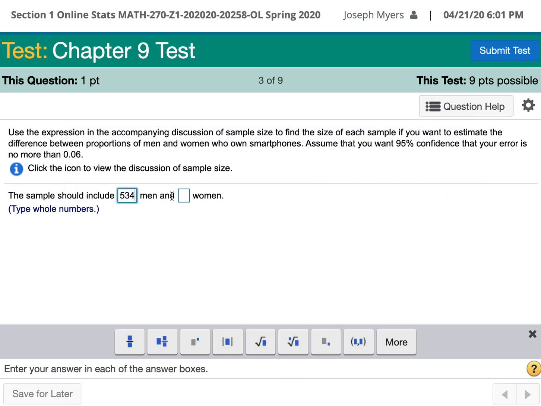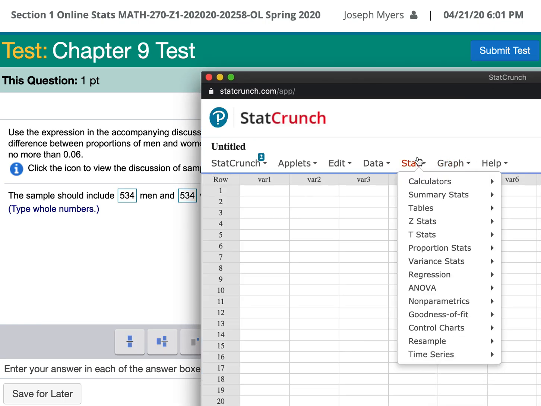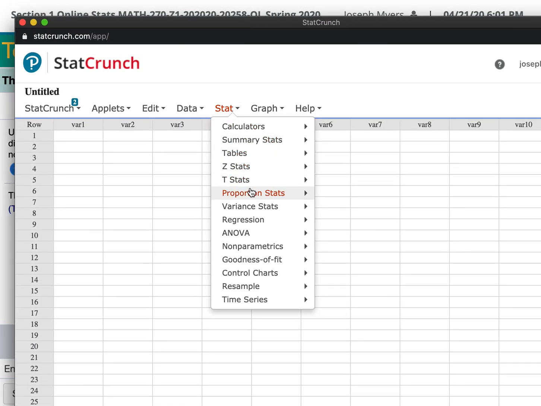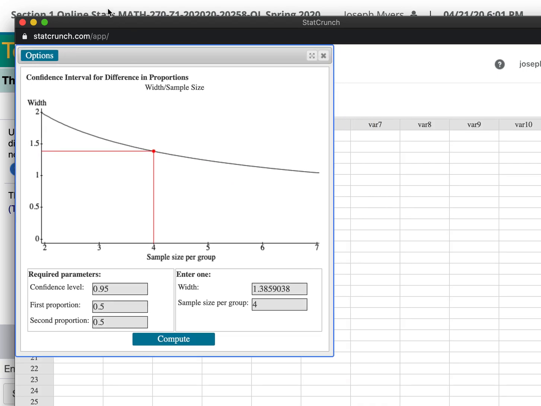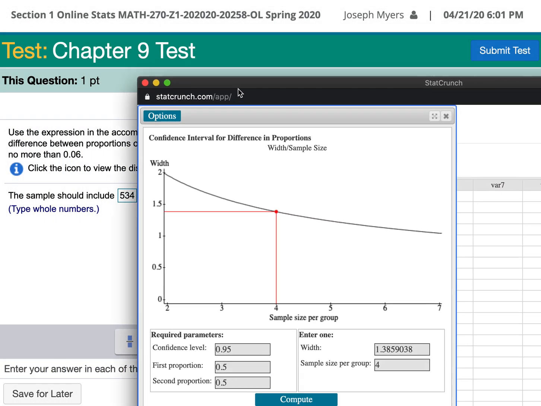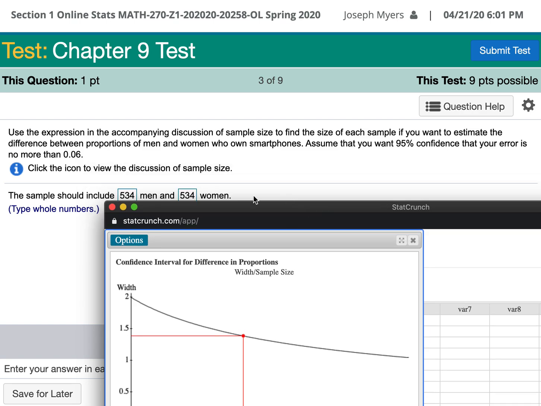So 534 and 534. Now there is another way of doing this. You can go to Stats, Proportion Stats, to sample width, right there. And then you can type in confidence level 95%, first proportion 0.5, second proportion 0.5, and the width is double the error because there's a margin of error on the right side and there's a margin of error on the left, because margin of error is always something plus or minus the margin of error.